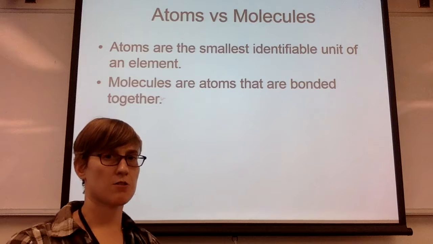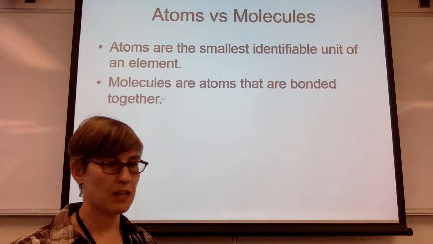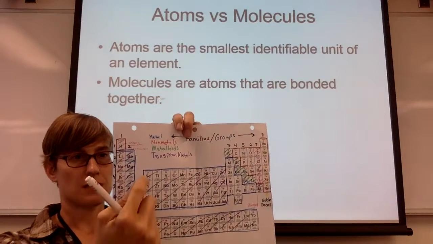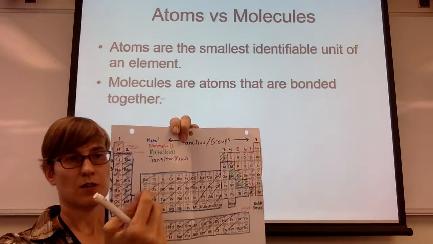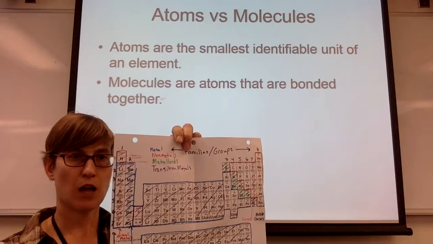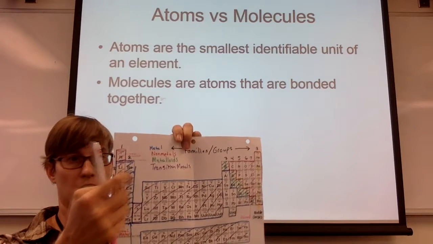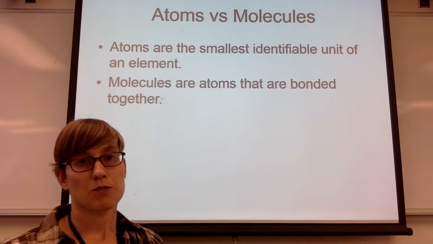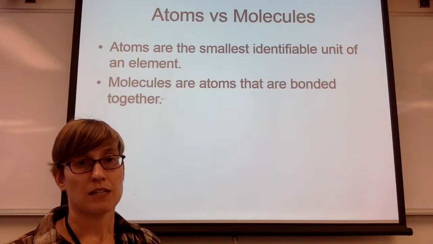Atoms are the smallest identifiable unit of an element. So when we had our periodic table, each block here represents one element of the periodic table. And molecules are atoms that are bonded together.